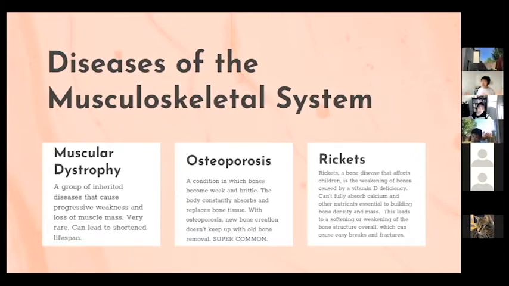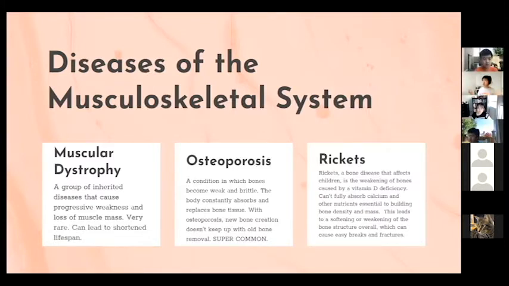Now, you guys might be asking me, why does muscular dystrophy lead to shortened lifespan? That's because when you're born with muscular dystrophy, phase one of it usually means that your muscles are weak. You can't run as far as other people. You can't use your muscles as much. But in the later stages of muscular dystrophy, as you age, your muscles start to break down and they can't function properly.